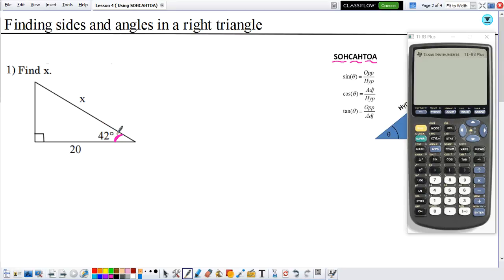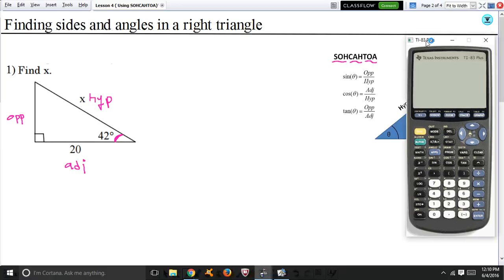So if this is our angle of reference, let's just label our triangle. This means that this is my opposite, which is right in front of our angle. We have our hypotenuse here, which is the larger side, and this means that this is my adjacent. So now look at what we have. We have a reference angle, we know the adjacent, and we want the hypotenuse.